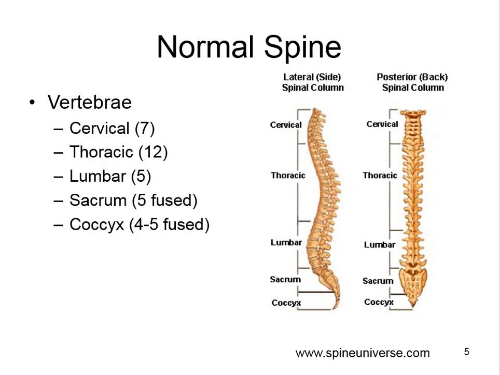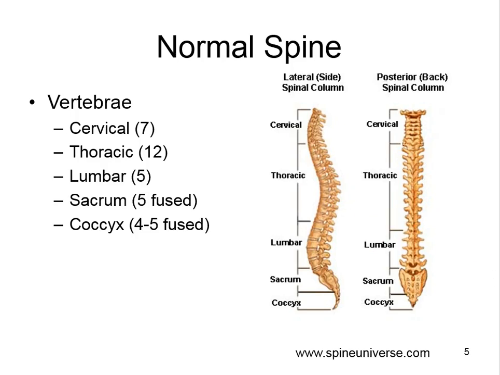The coccyx is the same thing as the tailbone. The thoracolumbar region is where the thoracic and lumbar regions come together. So that would be like right in here.